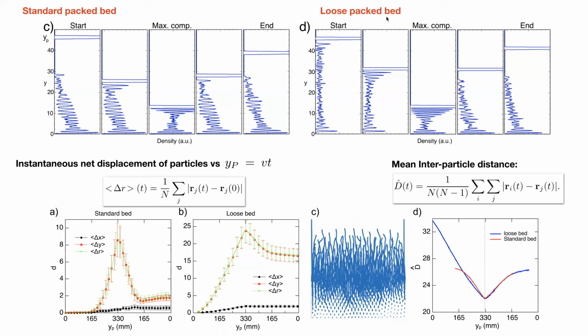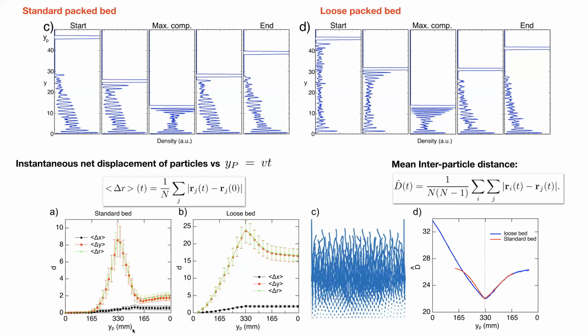But for the loose packed bed, initially there is almost a constant density in the bed. And as you compact the system, there is the density inversion, but at the end, the system becomes hydrostatic. So the final configuration again is very similar in both cases.